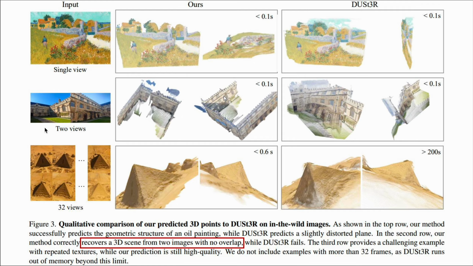The second example is 2 input views, but the problem is these 2 images have no overlap. If we look at the output, this part and this part have no overlap, so how is the algorithm able to figure out that this part and this part are the same and should be aligned together?